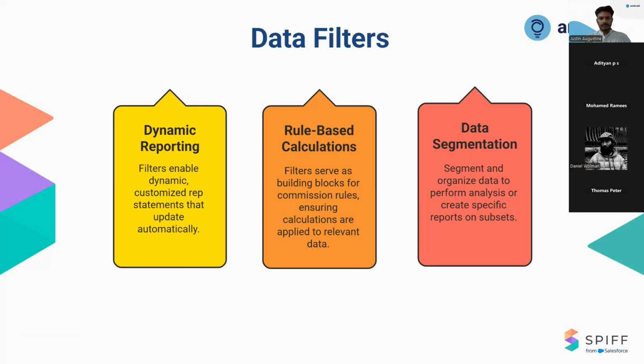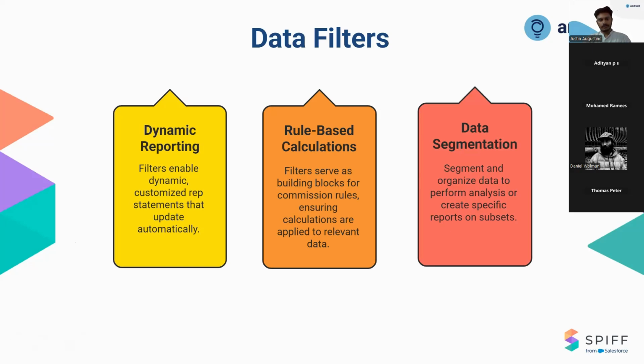We can build filters using either a guided editor or a more advanced syntax editor, and the options available for filters depend on the data type we are using, like a text field, a date field, or a boolean field. That's the use of data filters. They are used for the dynamic and custom nature of showing the rep statement.